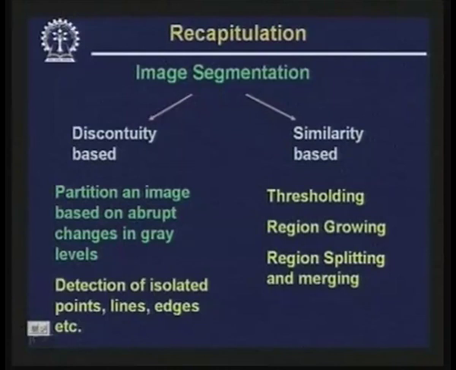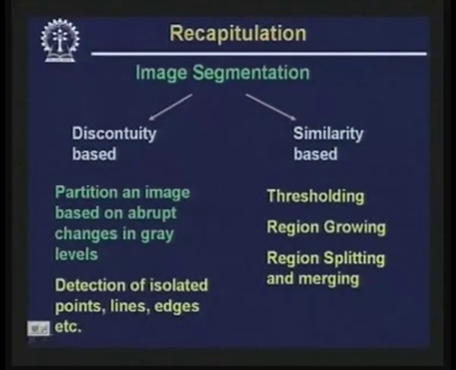In discontinuity based techniques, what we look for is some abrupt changes in the image gray levels, or if it is a color image, some abrupt changes in the color information. And based on these abrupt changes in the intensity values, we partition the images into different components.